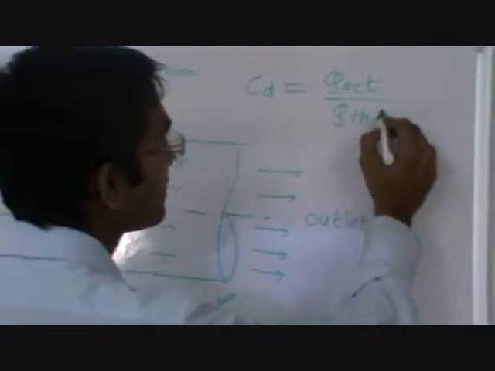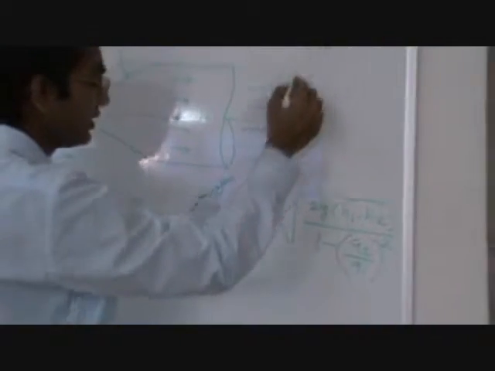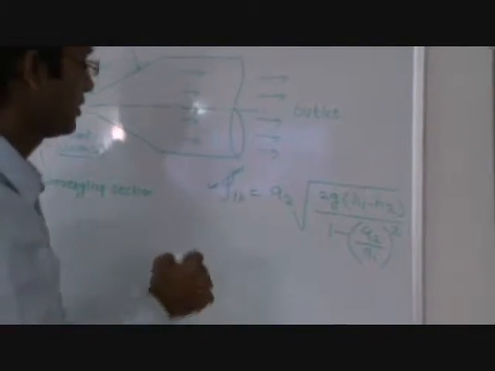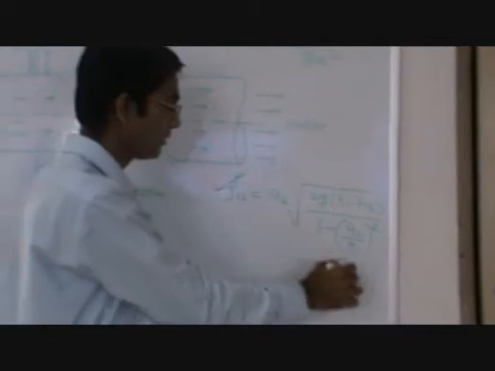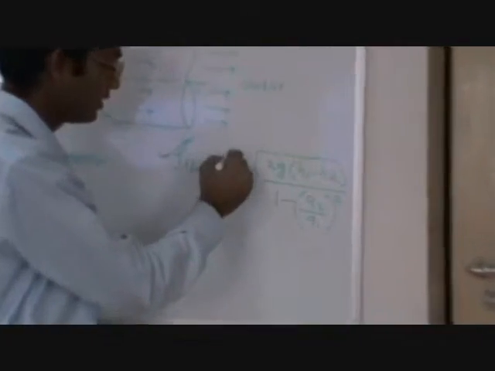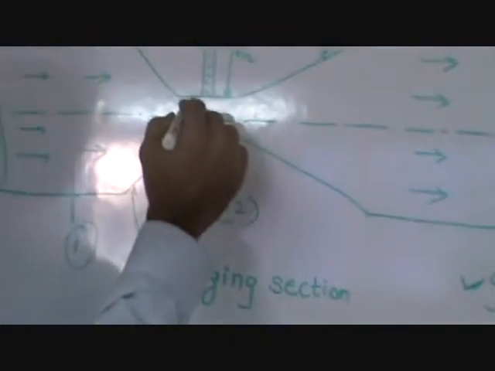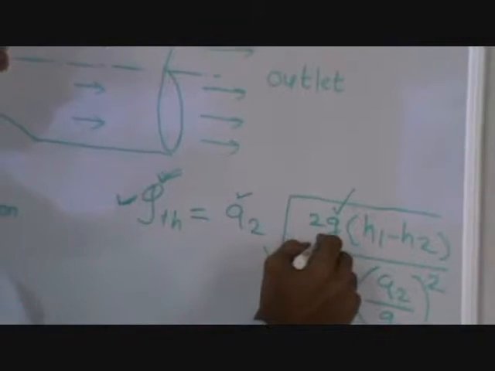So the first term is Q theoretical. Q theoretical discharge we calculate using this particular formula. In this formula, this is A2. A2 is the cross section area at section number 2, that is the third section. G is 9.81, that is acceleration due to gravity.